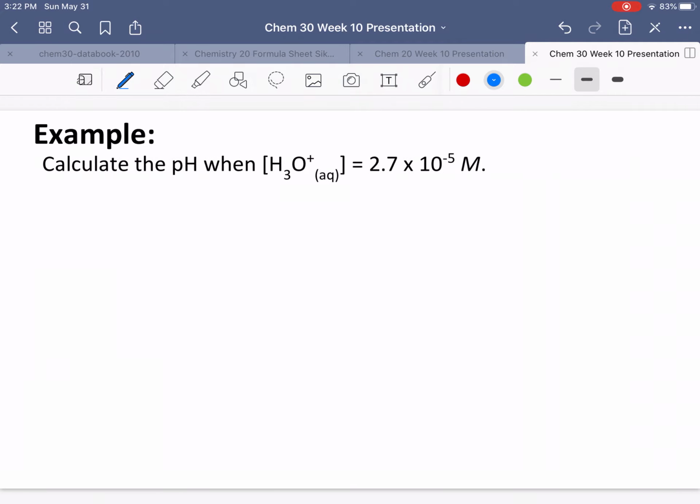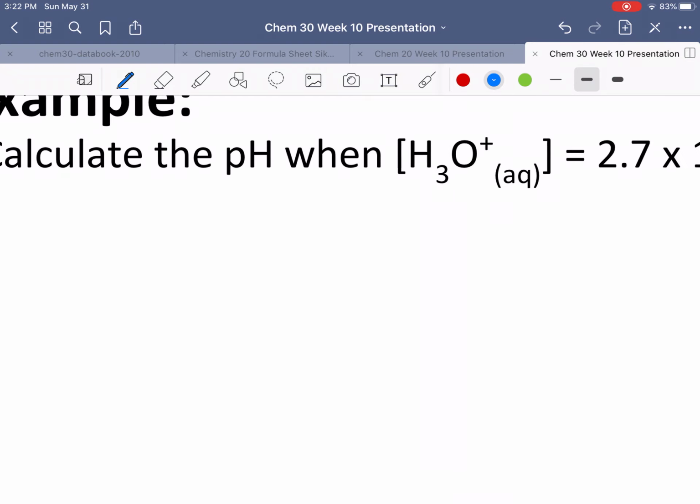Moving on. Like I said, straight review, guys. You've done all of this in Chem 20. Calculate the pH when you've been given a hydronium concentration of 2.7 times 10 to the negative 5 moles per liter. I want to still see formulas, please. For these ones, this is not a unit analysis situation.